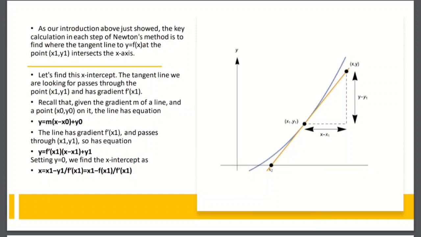As we know, the basic line equation is y = slope × (x - x0) + y0, and here the slope is nothing but the gradient of the function at the point x1, and it passes through the point (x1, y1). So the equation can be written as y = f'(x1)(x - x1) + y1.